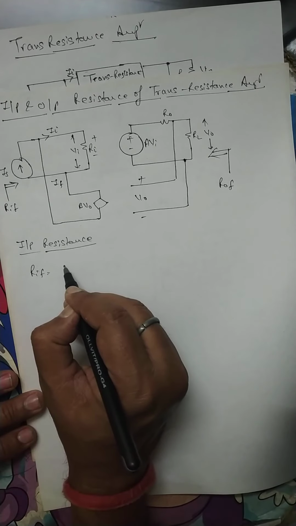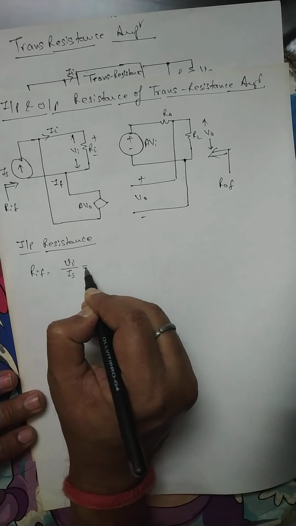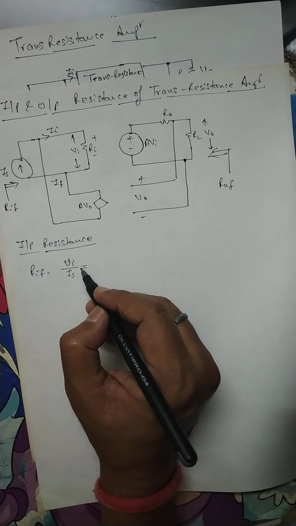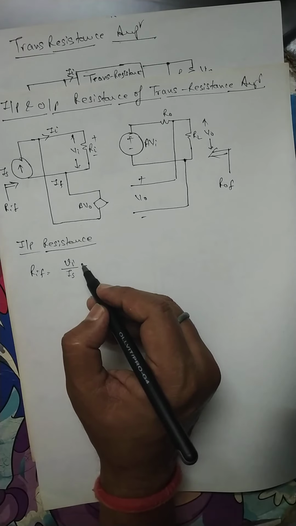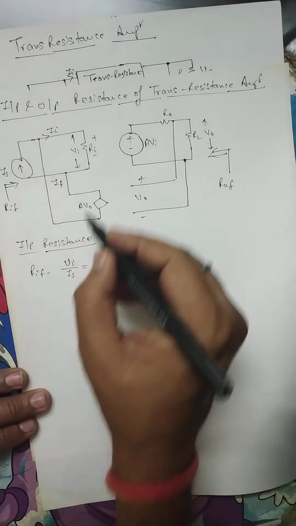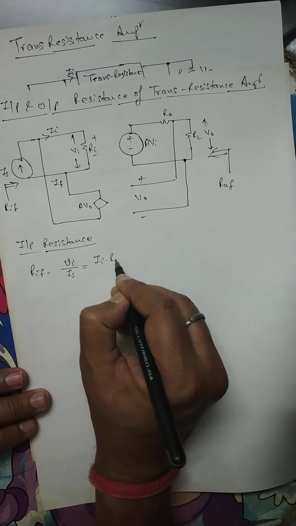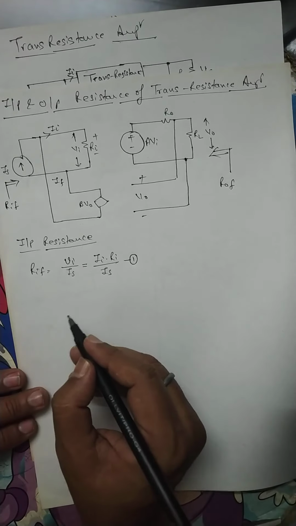RIF is equal to Vi upon IS. And what is the value of Vi? Vi is equal to II into Ri, so it is II into Ri upon IS. This will be considered as equation number 1.